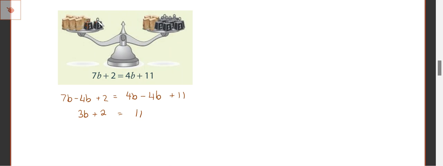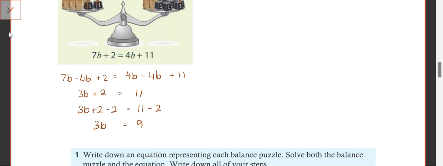Now I would cross out the 2 weights. I'd be left with 3 bags plus 2 minus 2 is equal to 11 minus 2. So 3 bags equals 9. Now, if I've got to share 9 amongst the 3 bags, how much will each bag have in it? So divide by 3 gives me 1 bag must have 3 in it.